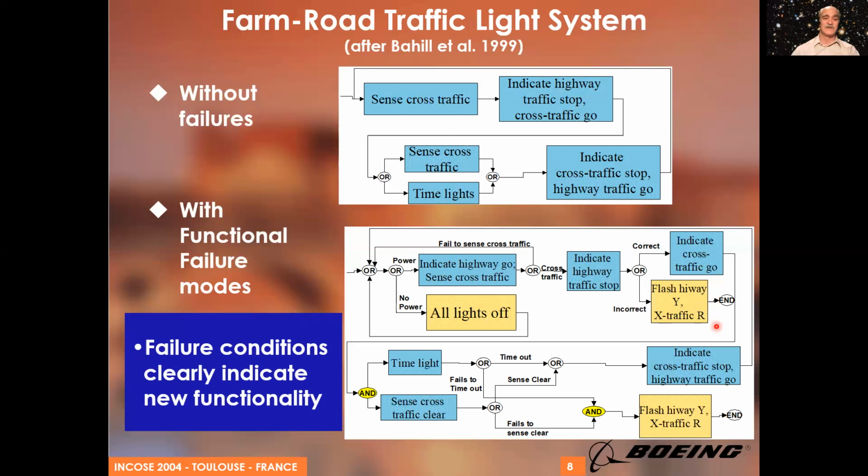That converts the highway traffic into a caution and the cross traffic into a stop sign equivalent. But then they could go on if the conditions permit. The point is to always have defined a response for any possible condition, and it really is done at the function level.